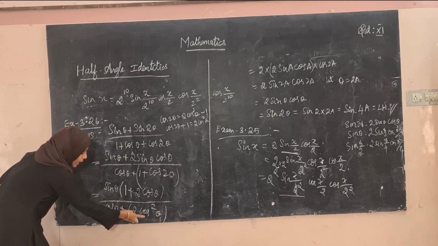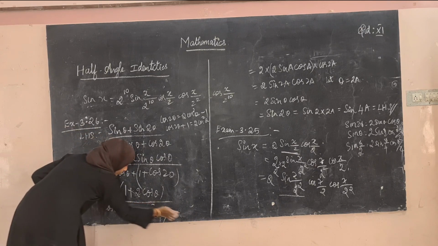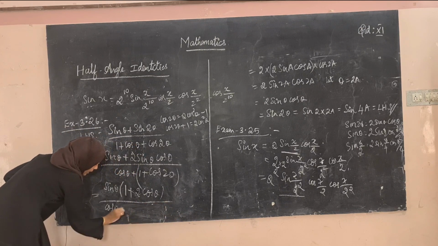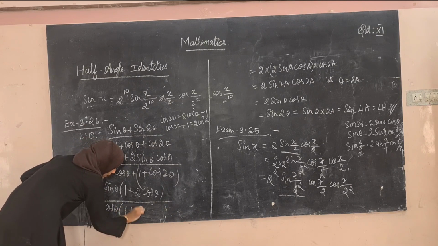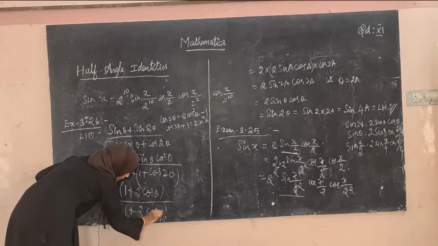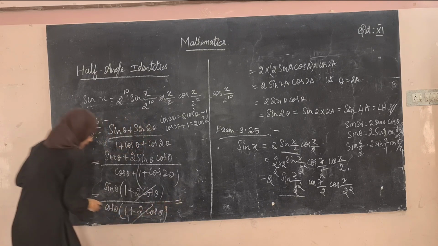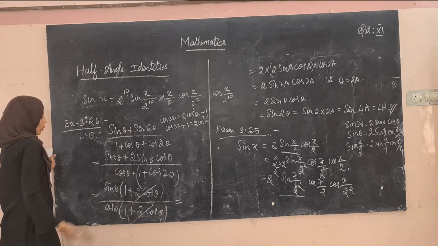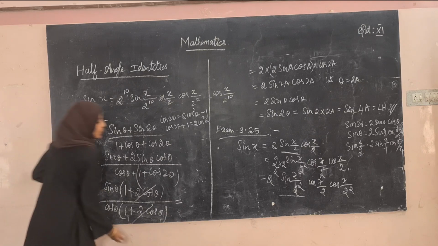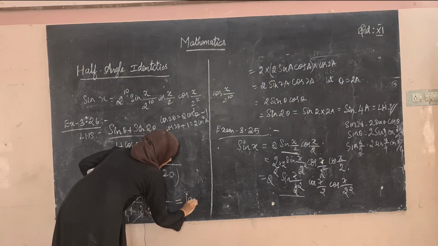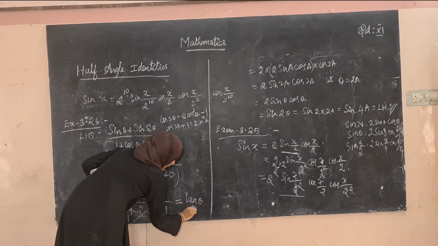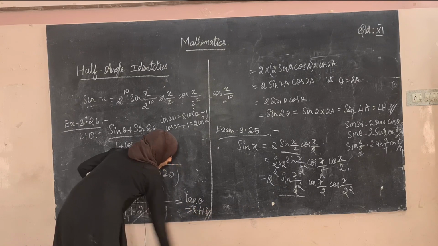So here also take cos theta outside. If you take cos theta outside, you will be getting cos theta into (1 plus 2 cos theta). See here, this term and this term get cancelled, and the remaining is sin theta divided by cos theta. What is sin theta divided by cos theta? It is tan theta, which is the right hand side we have to prove.